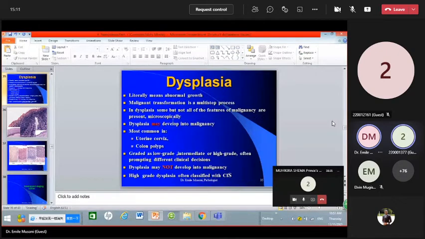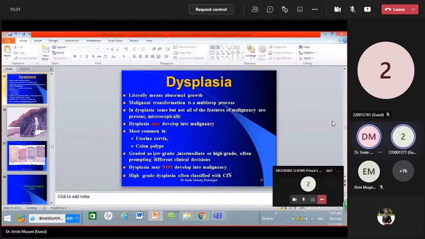Dysplasia is benign, but may develop into malignancy once there is no proper treatment. The most common are in the uterine cervix and colon polyps.